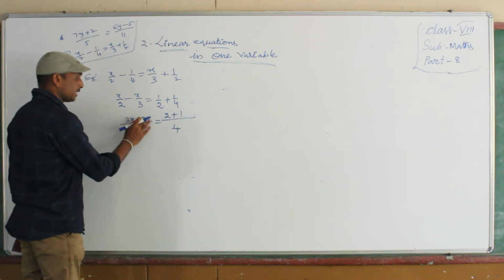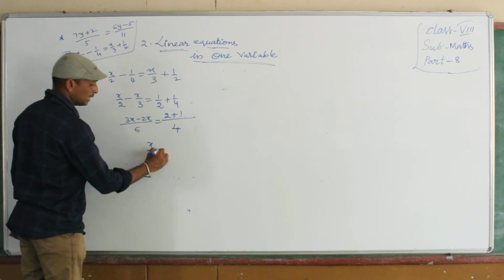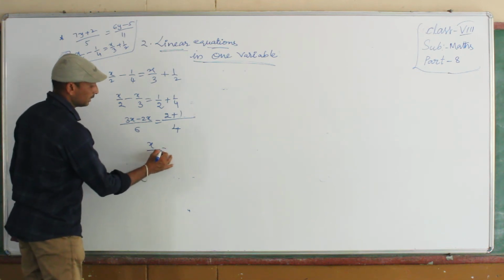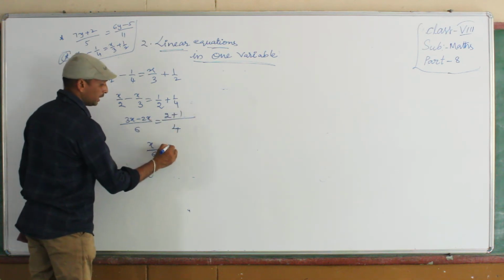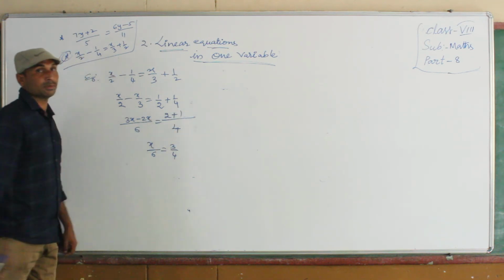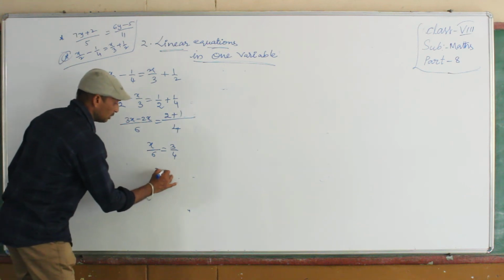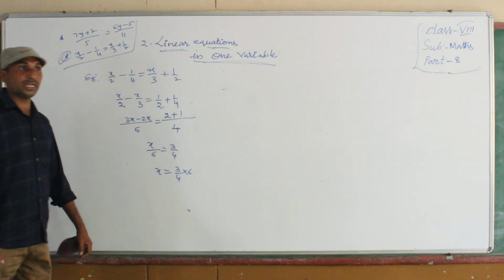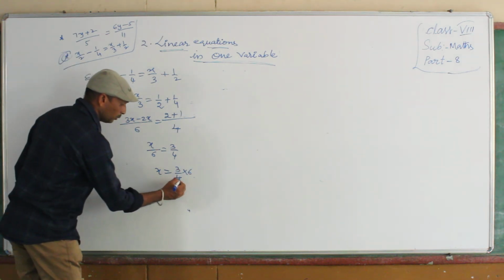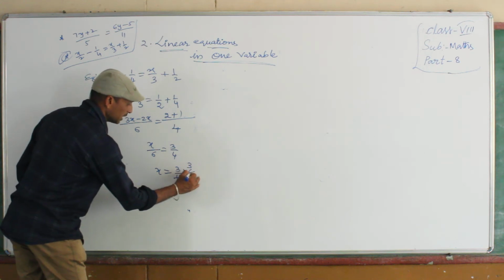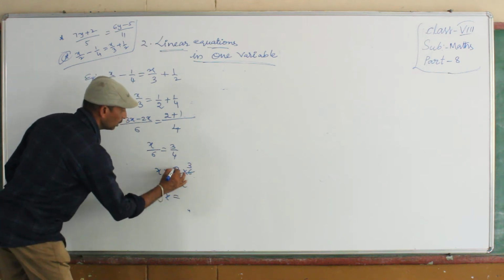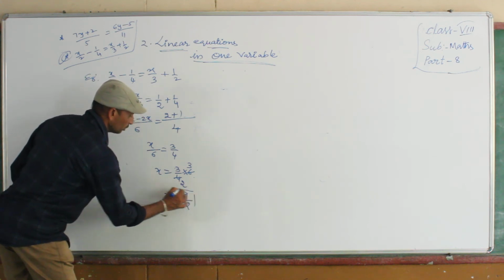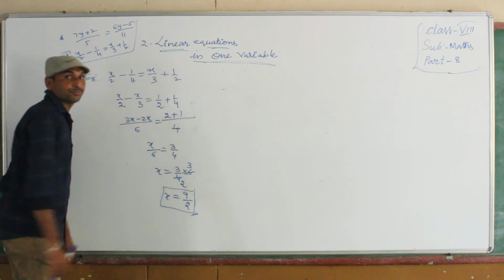So 3x minus 2x is x, which is equal to x by 6, equal to 2 plus 1, that is 3 by 4. Again cross multiplication: x is equal to 3 by 4 into 6. Cancelling, 2 2s are 4, 2 3s are 6, so x is equal to 9 by 2. This is the x value.